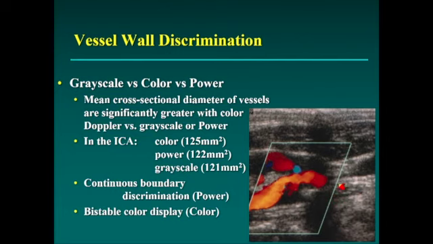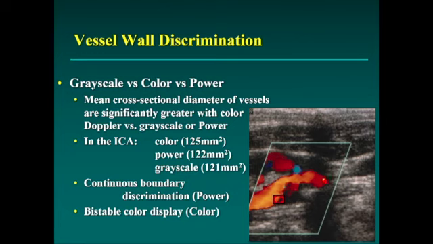And the reason for that is that power Doppler, which measures the intensity of the returning signal, is what's known as a continuous boundary discriminator. The intensity of the representation decreases as you approach the boundary. Color, however, is what is known as bistable.